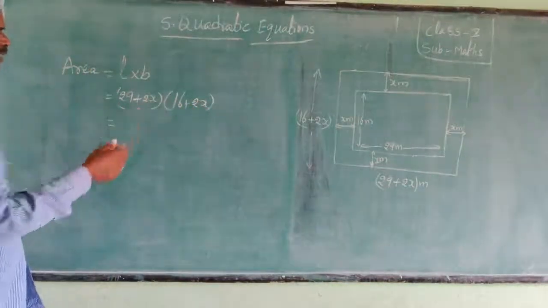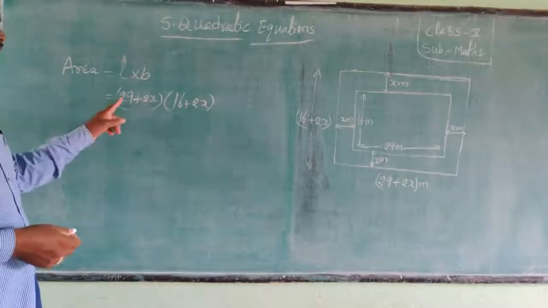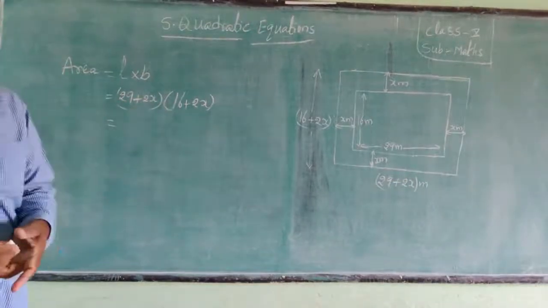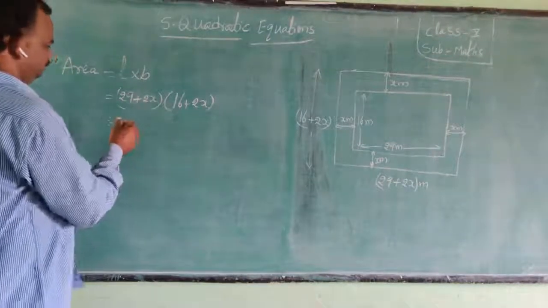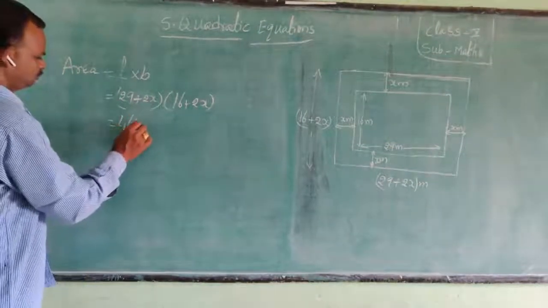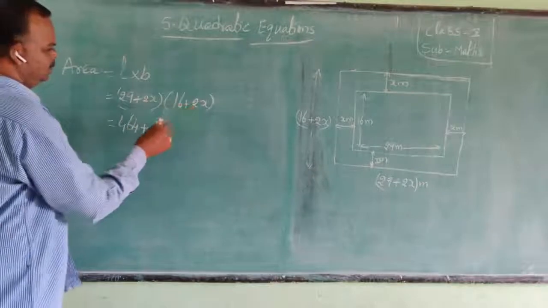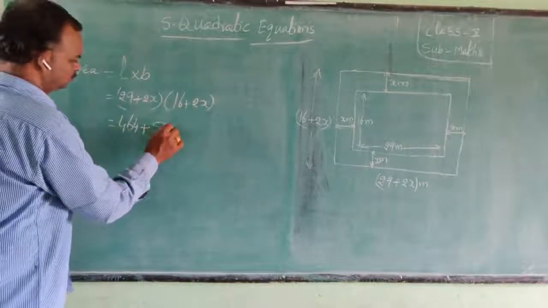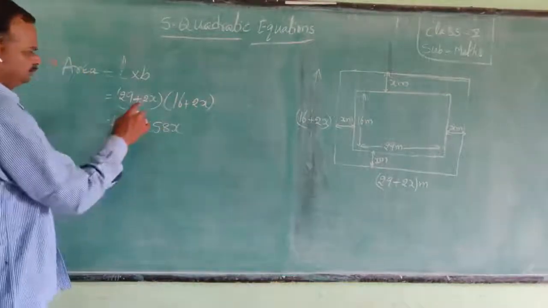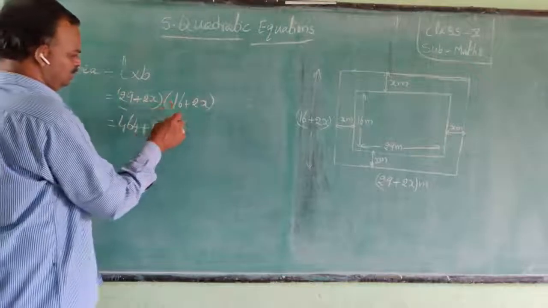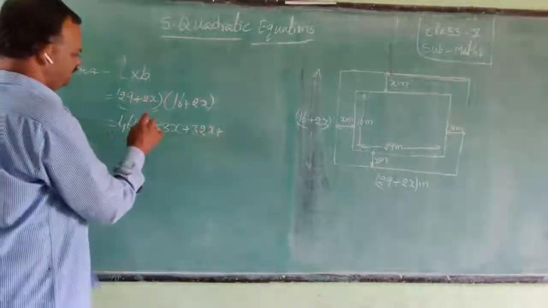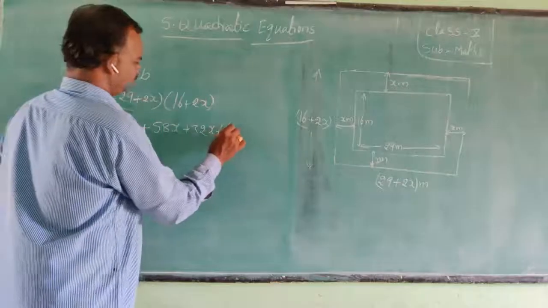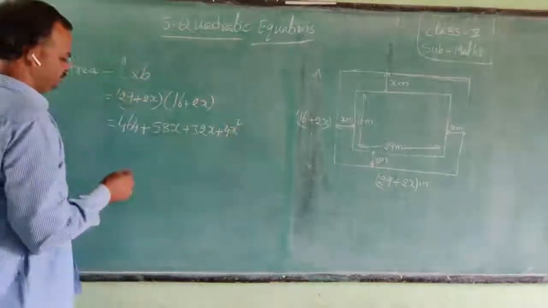Now we are multiplying these values. 29 into 16 is 464, plus 29 into 2x is 58x, plus 2x into 16 is 32x, and 2x into 2x is 4x square.